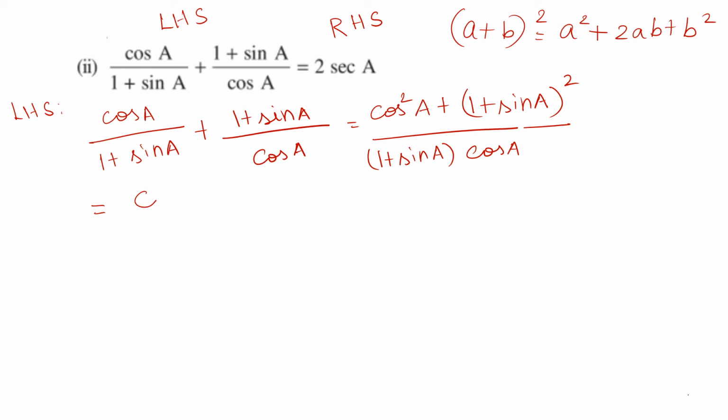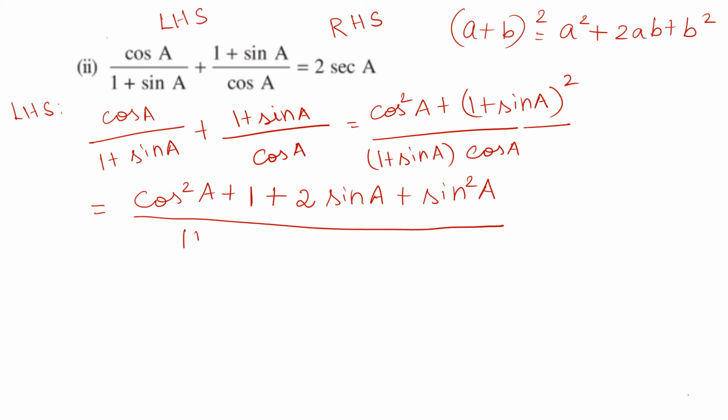So cos square A will come as such. (1 plus sin A) the whole square: 1 square is 1, plus 2ab, 2 into 1 into sin A, that is 2 sin A, plus sin square A, over (1 plus sin A) into cos A. Now you see cos square A plus sin square A becomes 1. In the last class we learned that sin square A plus cos square A equals 1.